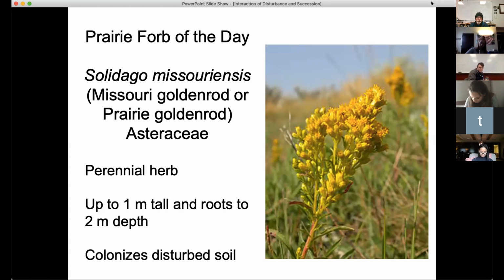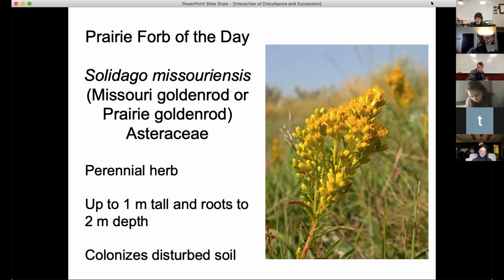As you have seen out in the field, you guys are working with Solidago canadensis, but they don't really look all that different from one another. 1 meter tall, very deep roots, but this is a dicot species rather than a monocot species. So this is going to be a species with a taproot. And once again, this is going to be one of those early successional plants. They tend to colonize disturbed areas.